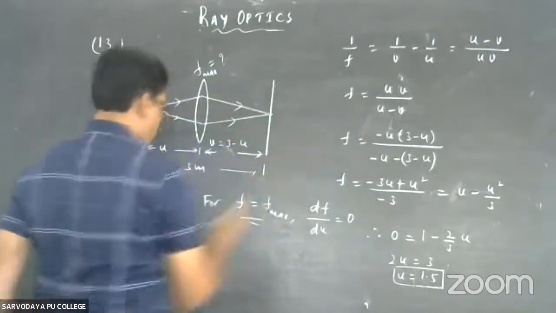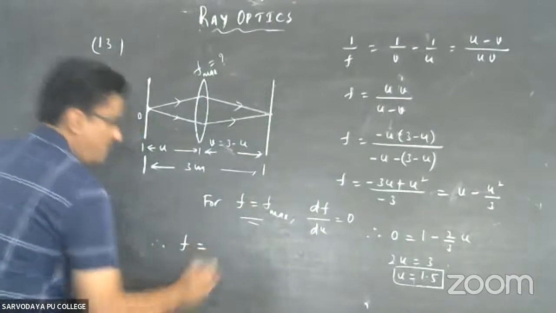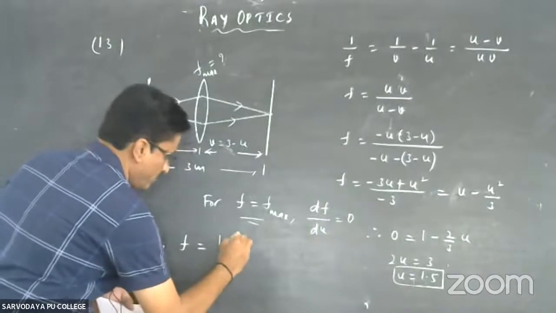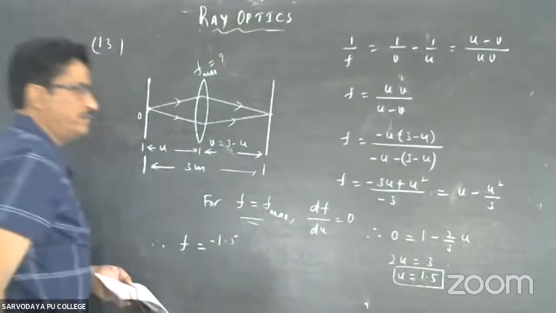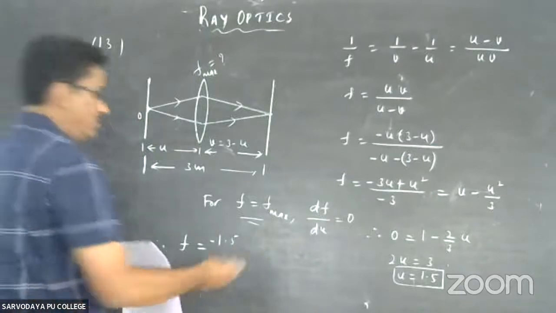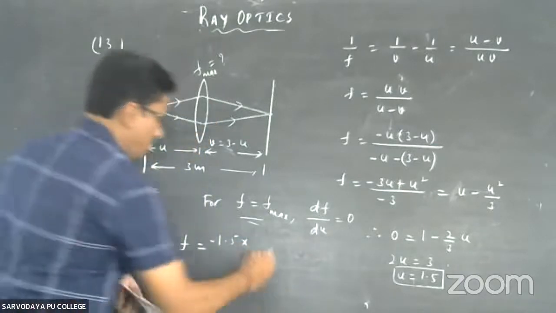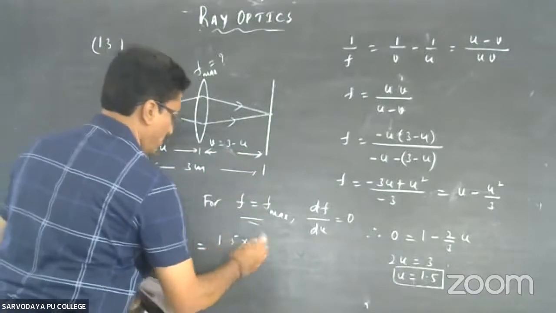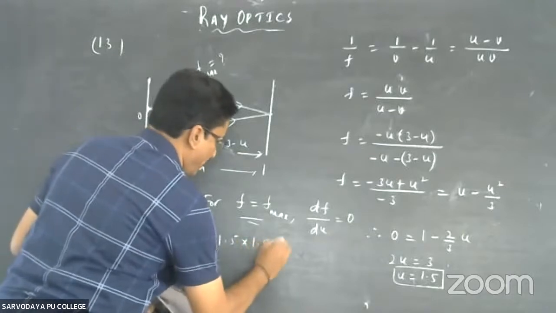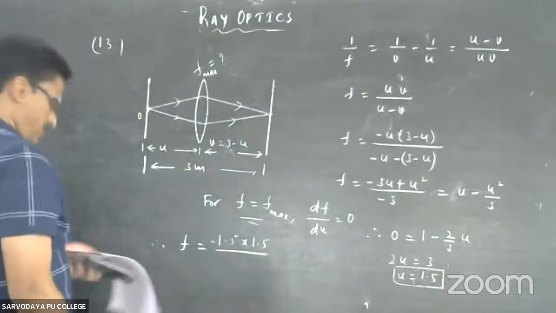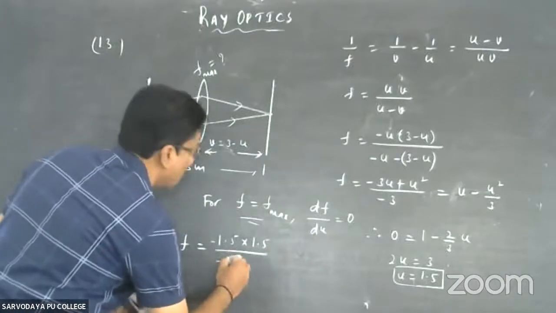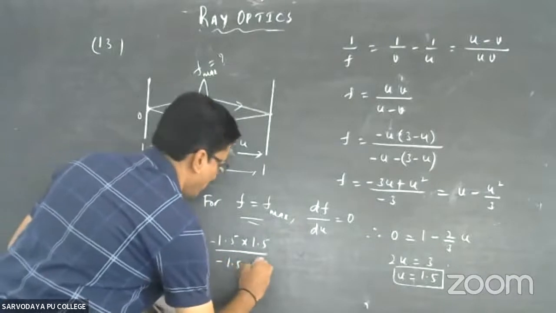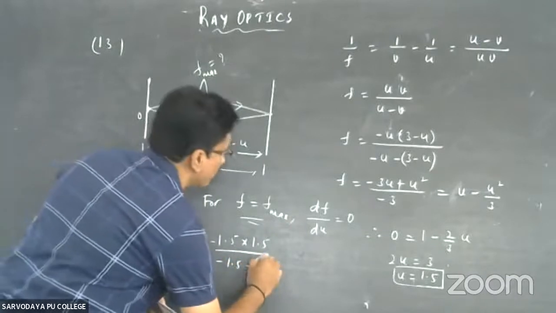Therefore, focal length of the lens f becomes equal to minus 1.5 into (3 minus 1.5), that is 1.5, divided by minus 1.5 minus 1.5.